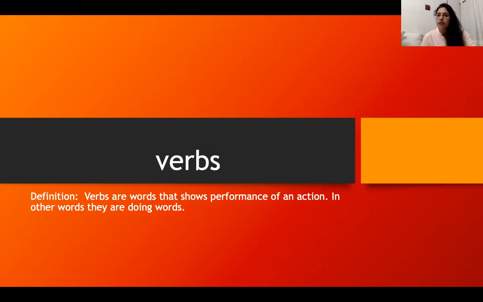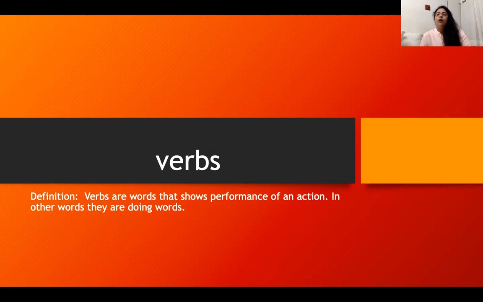You all are listening to me. You all are performing an action. I am thinking about something. I am performing an action. But when I'm thinking, this action is a bit different. It's not a physical action, it's a mental action. And I'll be dealing with that mental action also. Let's concentrate on what verbs are.